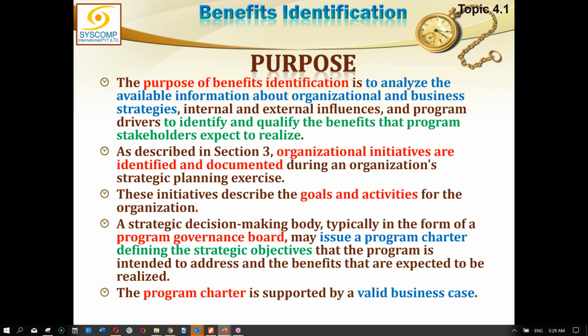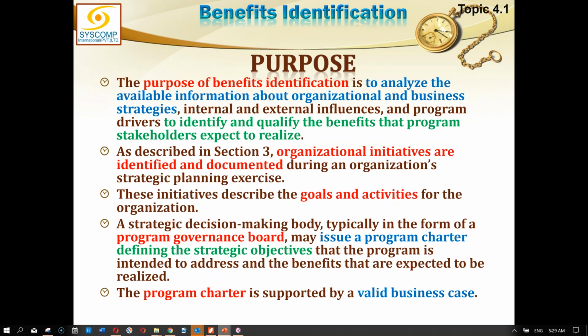You have standalone projects which are not part of any program. They are directly reporting to the organizational strategy. Similarly, programs are directly reporting to the organizational strategy, but portfolio is looking at the investment portfolio of these projects and programs, ensuring that they have got enough funding and resources to be provided. That's why portfolio is put on top.